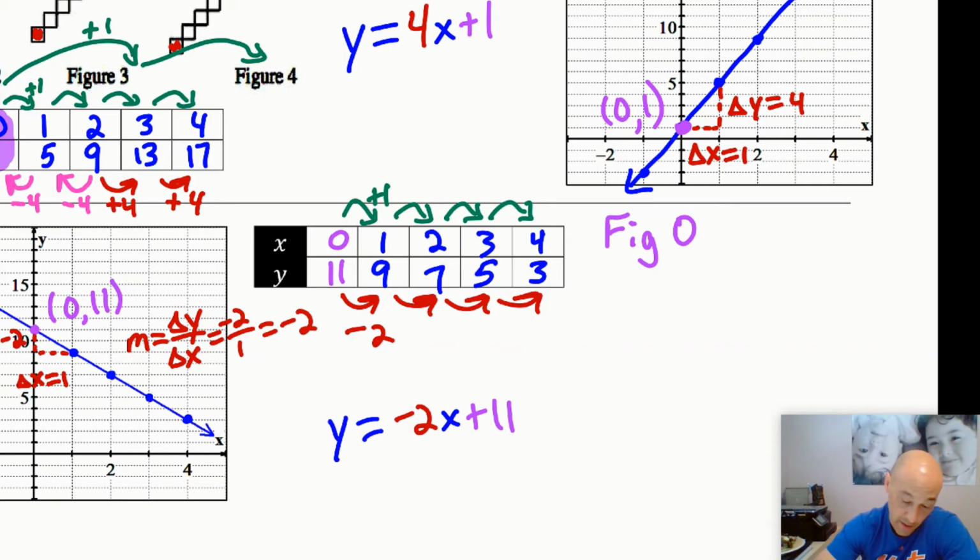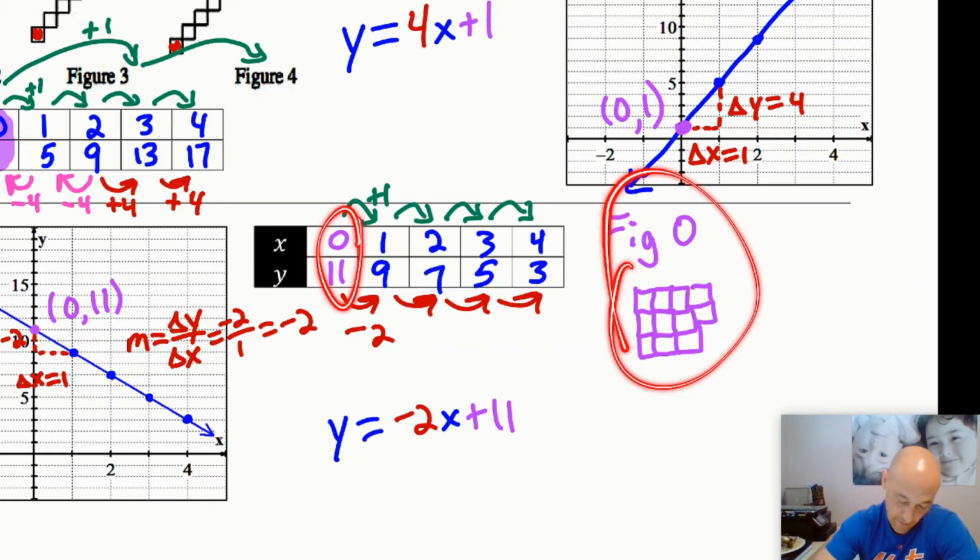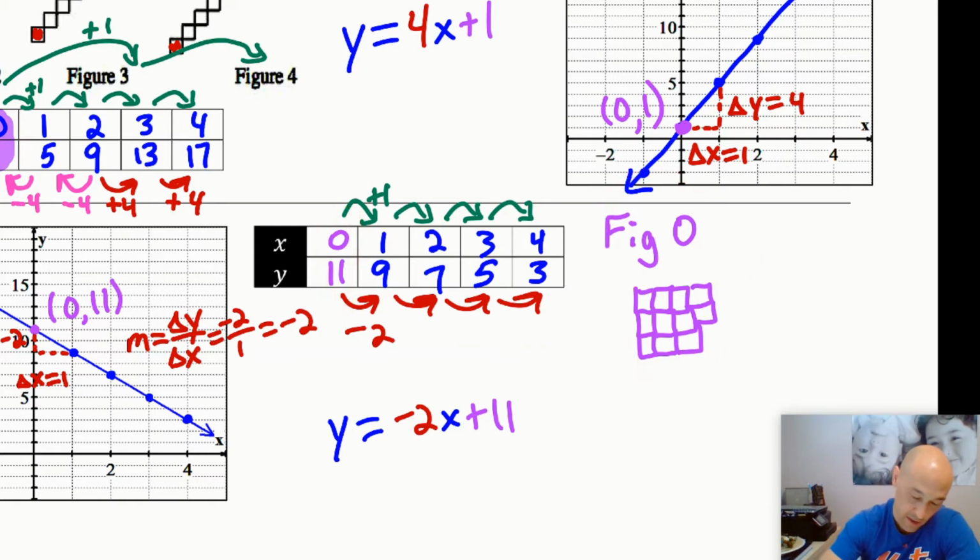And I'm just going to go like this. I'm going to make it really easy. There's 6, 7, 8, 9, and then 1, 2. Those are my original 11. So I did them in purple so you can see figure 0 has 11 tiles.